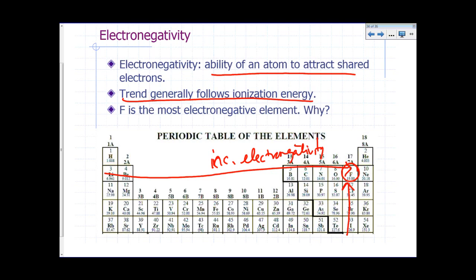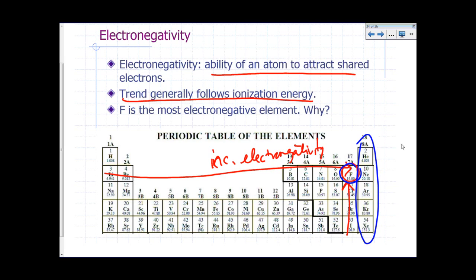So electronegativity is increasing towards fluorine. Now, why do we stop at fluorine? Why do we ignore the noble gases? Because these are atoms that tend not to form covalent bonds. They tend not to share electrons. So among those atoms that can share electrons, fluorine would be the most electronegative. It pretty much follows the trend in ionization energy and electron affinity.